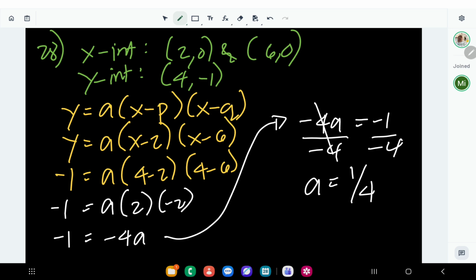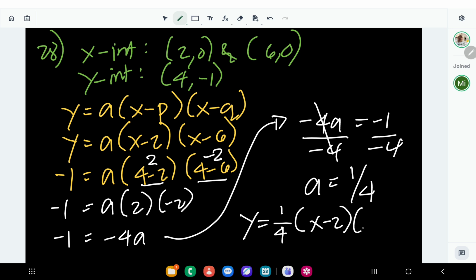Four minus 2, 2. Is it positive 1/4? Okay, therefore what is your equation? I think it's positive 1/4. 4 minus 2 is 2. 4 minus 6 is negative 2. Then y is negative 1, right? So it's positive 1/4 times x minus 2 times x minus 6. Since in this case it's not specified what form, it doesn't say standard form or vertex form, so it depends on you. It depends on the given values.